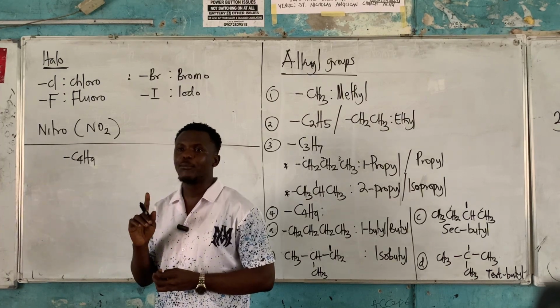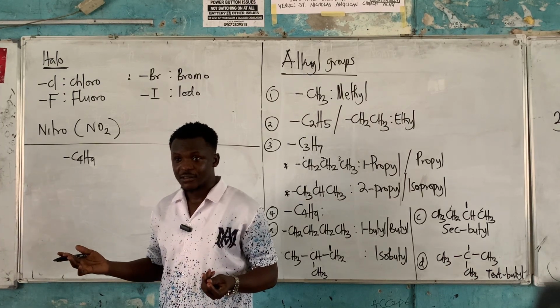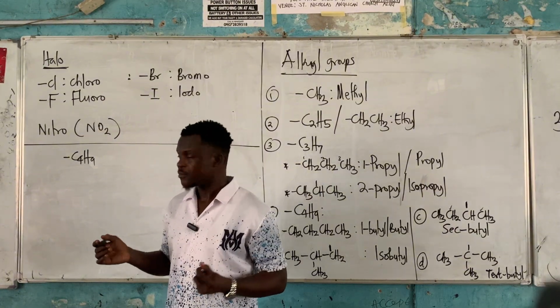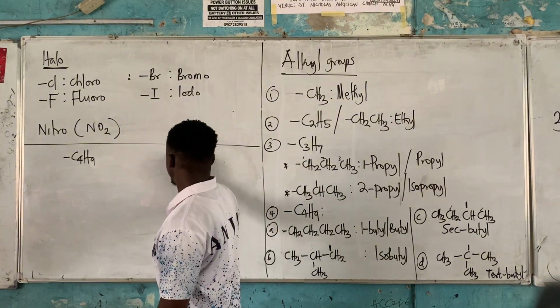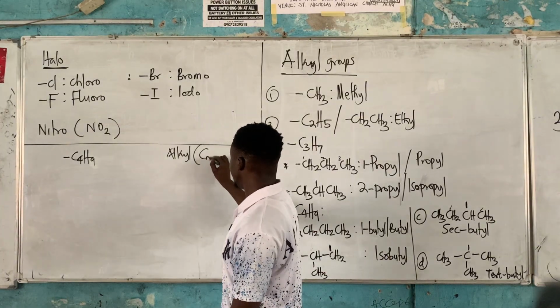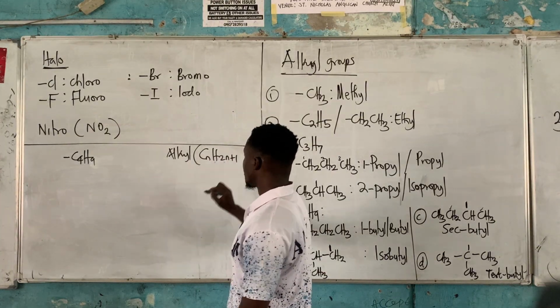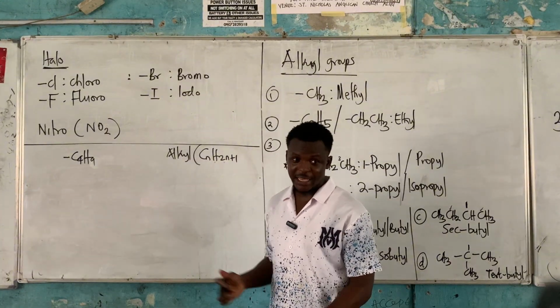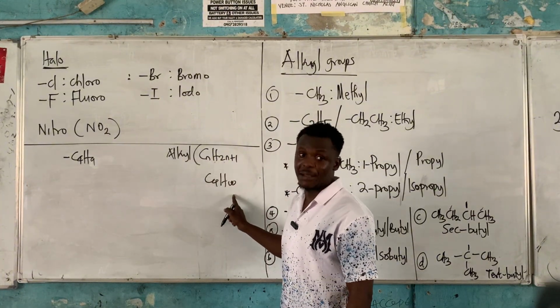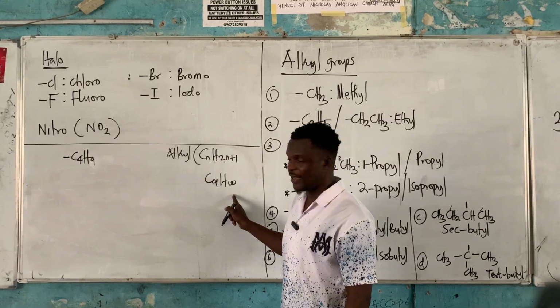Alkyl is usually one hydrogen short of alkane. So if the alkane is C4H10, the alkyl counterpart will be C4H what? 9. All right.